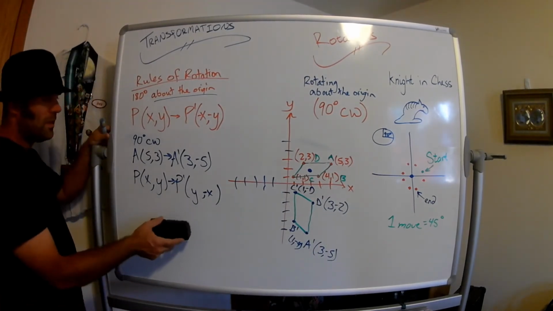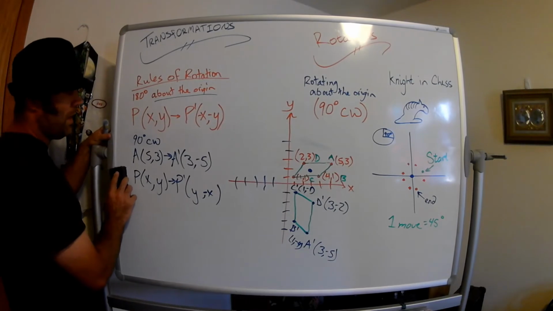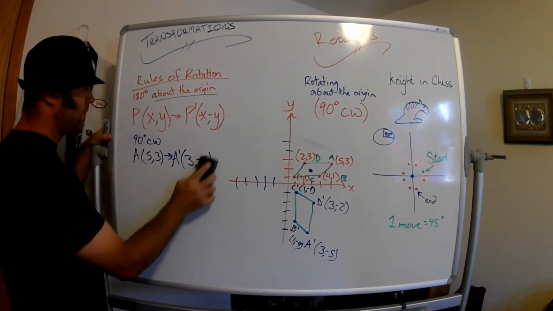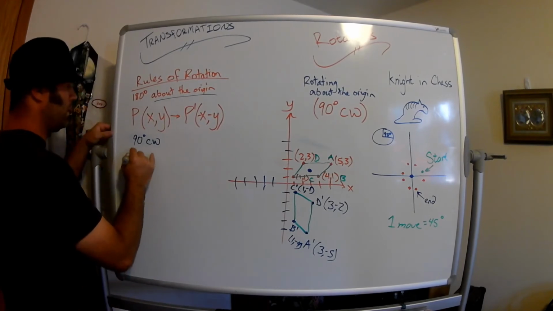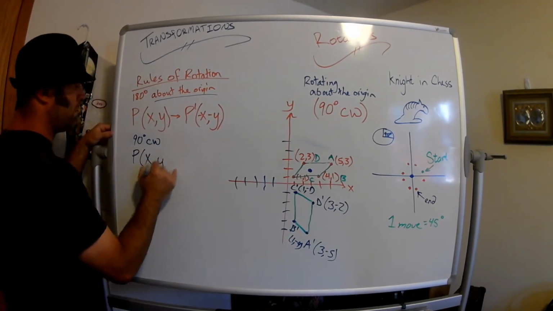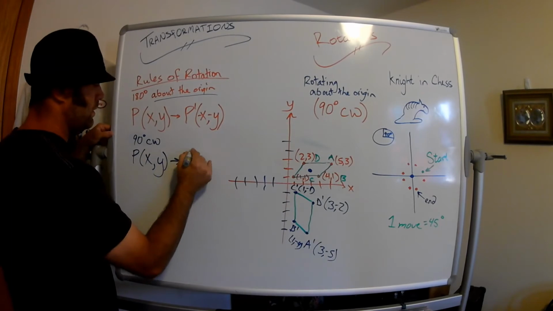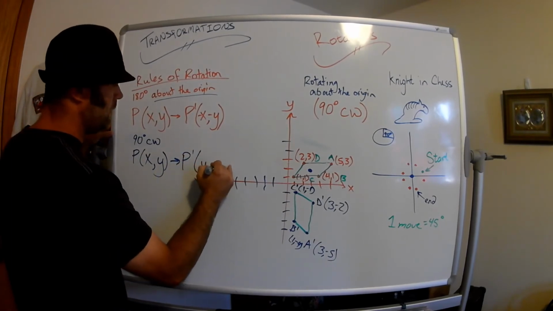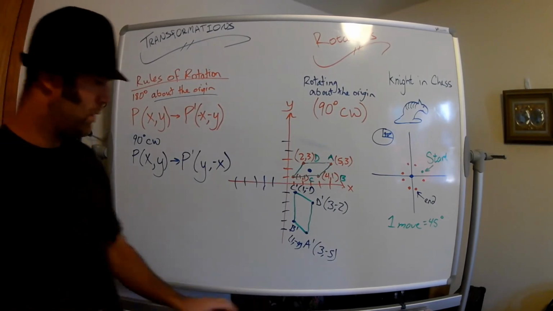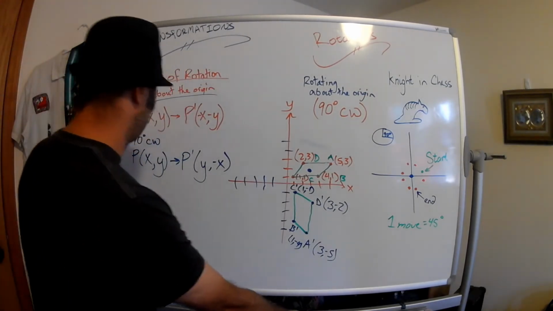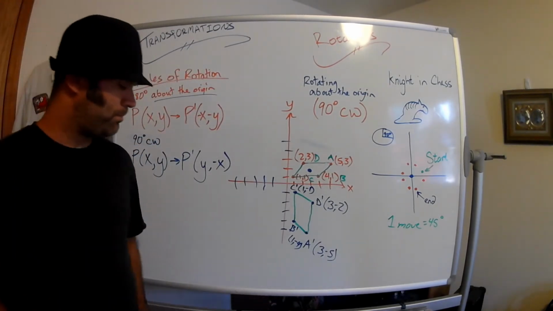So you can test it. So x comma y becomes y comma negative x. Pretty neat. So that's clockwise, 90 degrees.